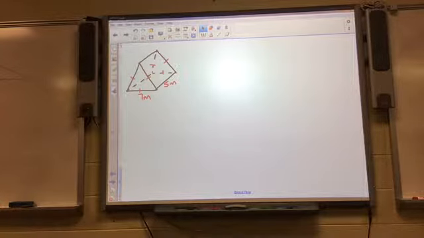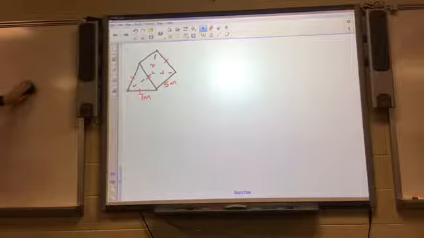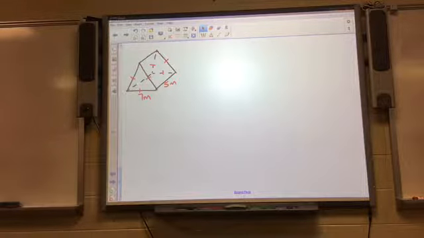Now, what's the base? What shape is the base? Not a rectangle. A triangle. Why is it a triangle and not a rectangle?